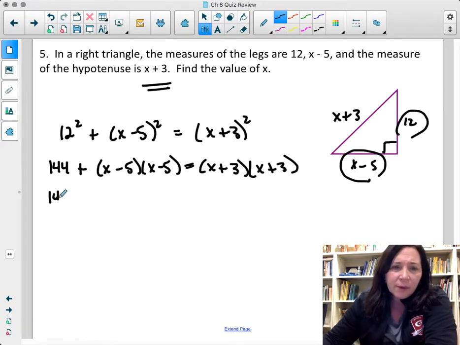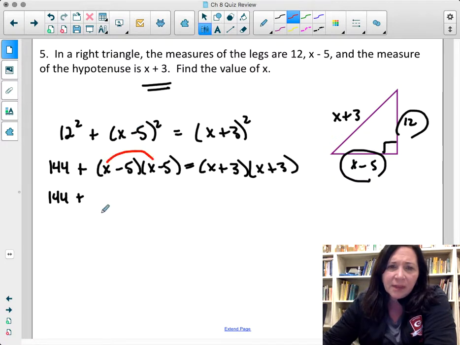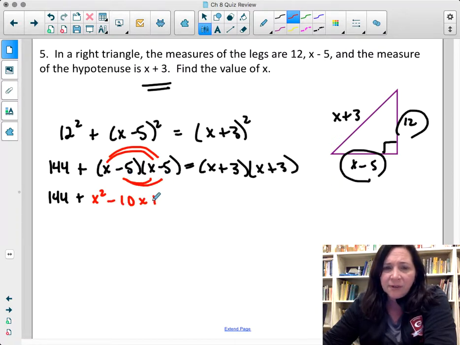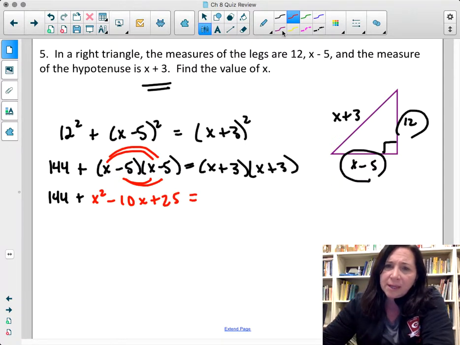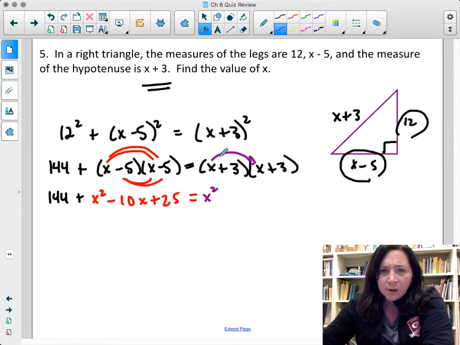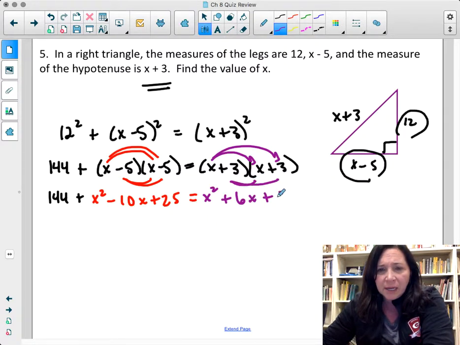We get 144 plus, now let's FOIL. x times x is x squared, minus 5x minus 5x makes minus 10x, and negative 5 times negative 5 is positive 25. I'm going to FOIL again on the right side: x times x is x squared, x times 3 is 3x plus 3x, so that's plus 6x, and positive 3 times positive 3 is 9.